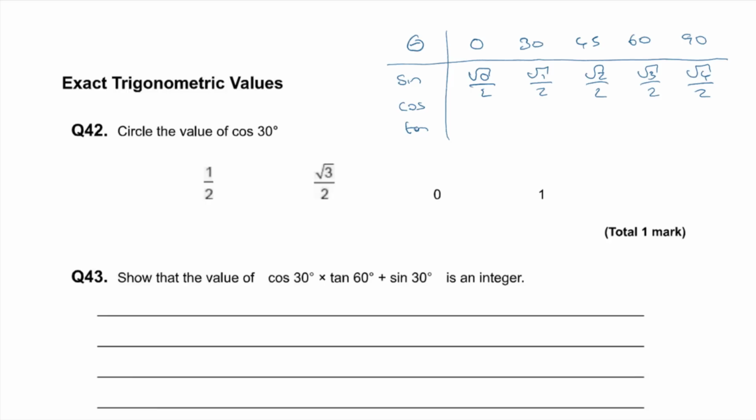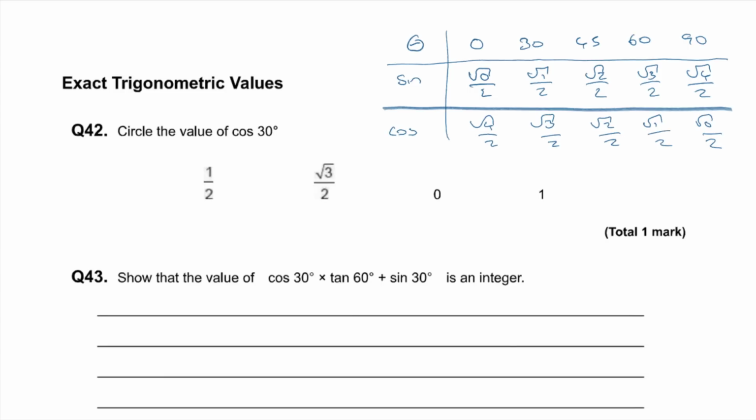Now your cosine values, let me give myself a bit more space. Cosine values are going to be the same values, but the other way around. So rather than starting with root 0, I'm going to start with root 4. So root 4, root 3, root 2, root 1, root 0, over 2, over 2, over 2, over 2, over 2. They're my cos values.